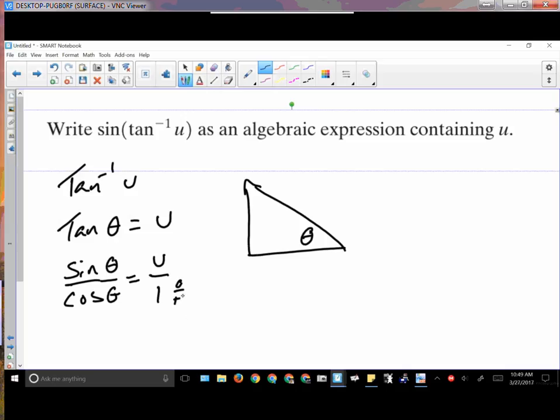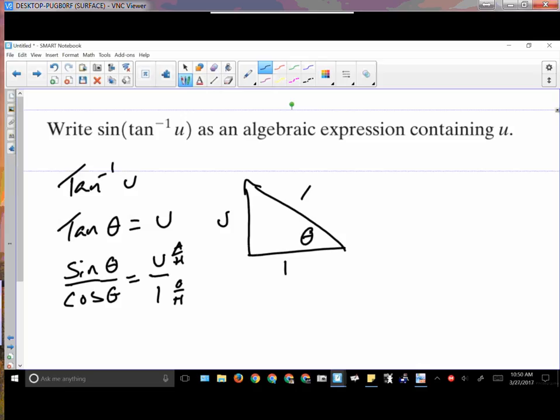Sine is opposite over hypotenuse. Cosine is adjacent over hypotenuse. So in order for this to work out, what does the hypotenuse have to be? 1, right? Sine would have to be u, and cosine would have to be 1.